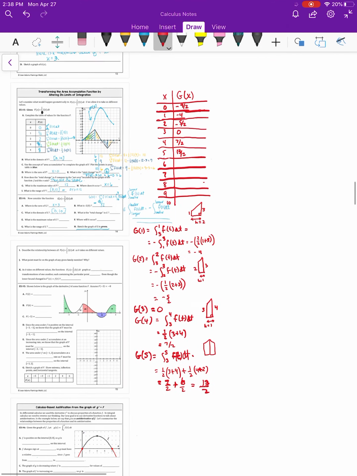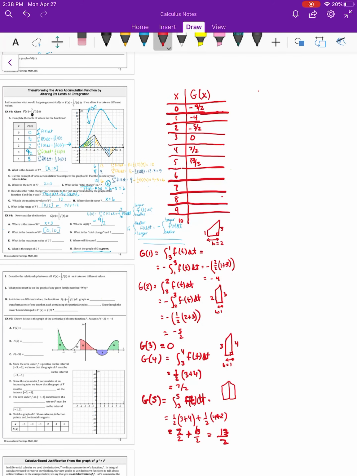And now I'm going to move it so that I can do it over here. Our g of 6 is going to be the integral from 3 to 6, f of t dt. And so from 3 to 6, it looks like we have a trapezoid from 3 to 4, right?